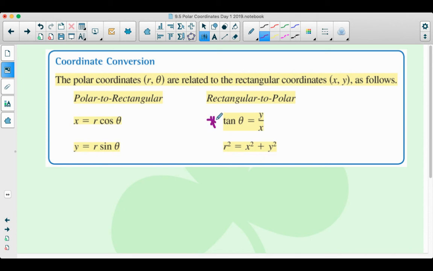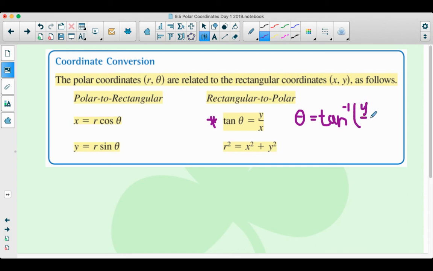We set up the ratio of the tangent of theta is equal to y over x, and we're going to use the fact that we created a right triangle, so r squared must equal x squared plus y squared. I starred tangent of theta because you're really taking theta equals your tangent inverse. So please don't cheat on that notation, but we're looking for the tangent inverse of y over x.